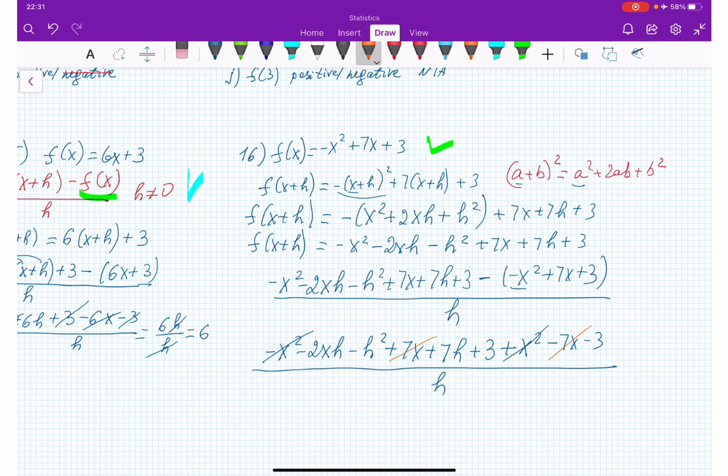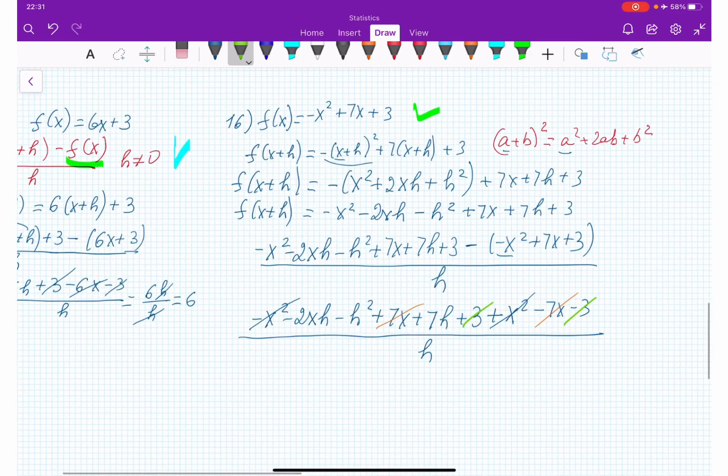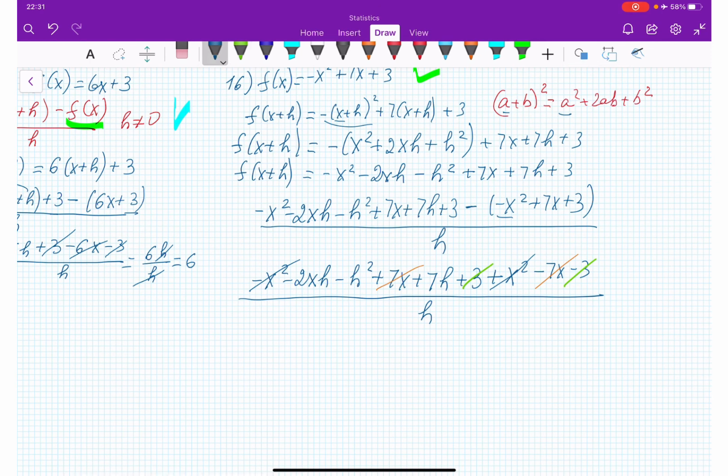I have minus 7x. It's gone. What else do I have here? I have plus 3, I have minus 3, right? So let's see what we have left here. So we have left negative 2xh minus h squared plus 7h over h.